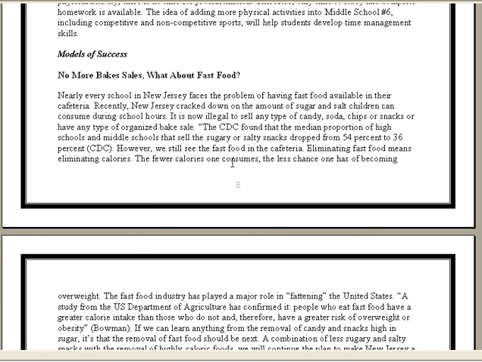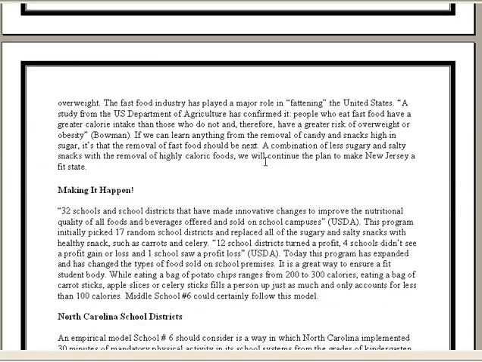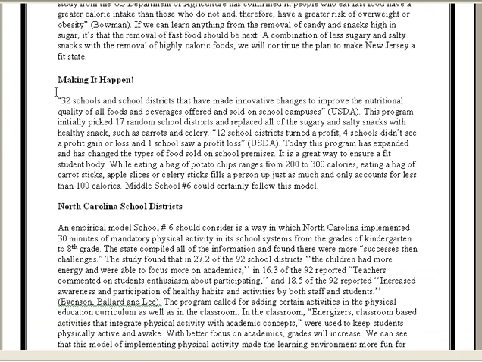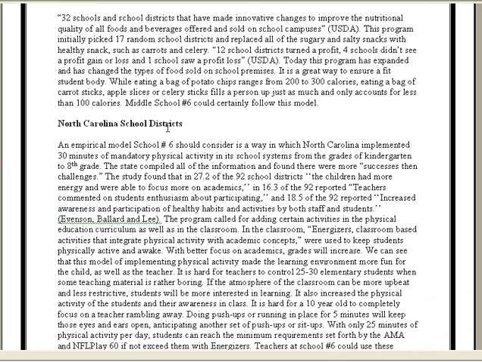First, we have some analysis about the importance of removing unhealthy snacks from schools. Then we have the really strong example of 32 schools and school districts that have changed the kind of snacks that they have offered. And then we have the empirical example of this North Carolina school district that changed the way that physical activity was used in their school.